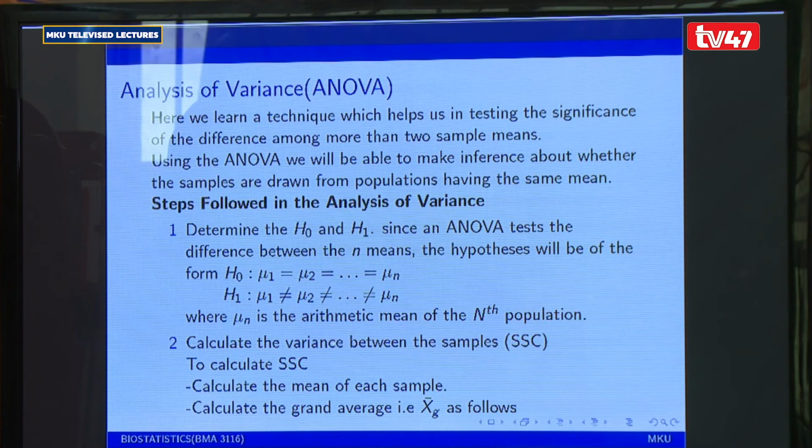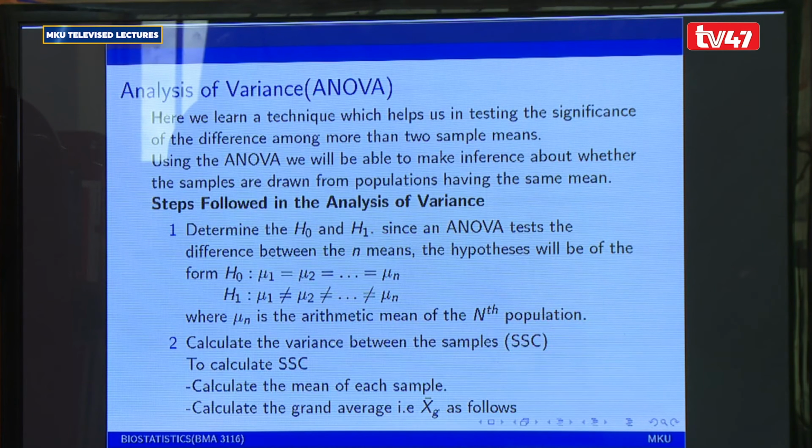Step number 2, you calculate the variance between the samples. We label that as SSC. Then this is calculated as follows. First, you calculate the mean of each sample. If you have 4 samples, calculate the mean for the first sample, for the second sample, and so on. Then you calculate the grand mean.